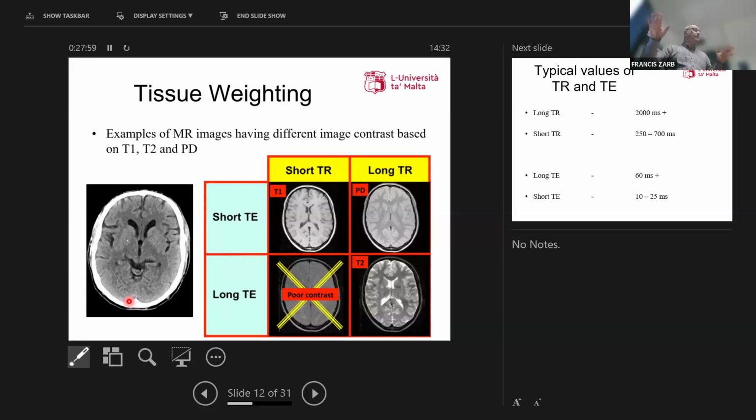But proton density would give somewhere in between. So if there is a tumor within the ventricles, it would be much more appreciated on proton density. So then you have the clinical applications of those pulse sequences, depending on what you are investigating and what you want to see.